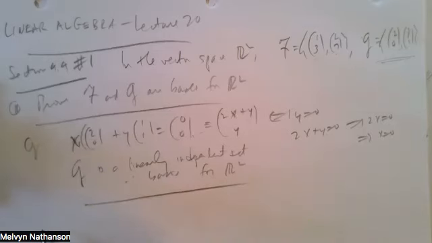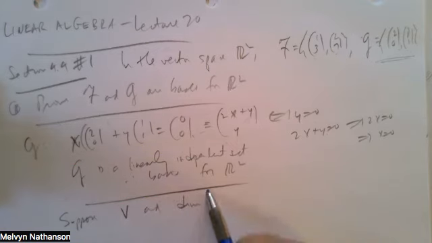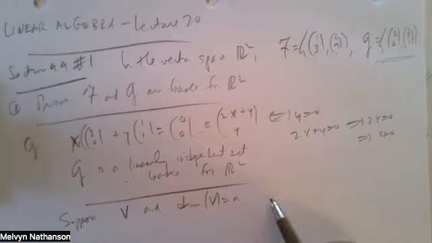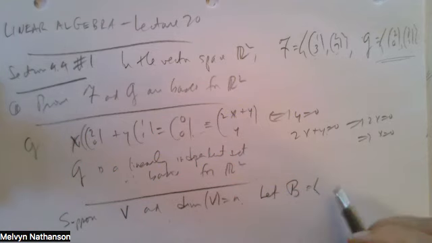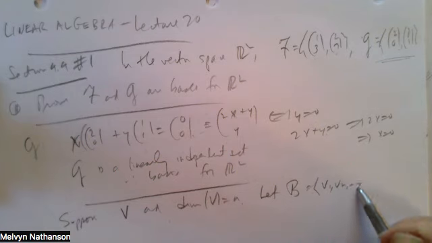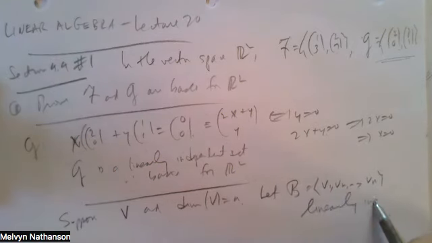that's a very good question. So suppose we have a vector space V, and the dimension of V is equal to n. Let S be a set of n vectors that are linearly independent.